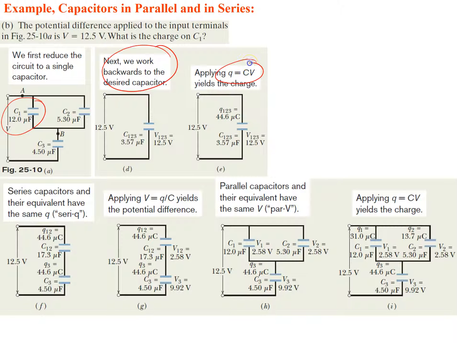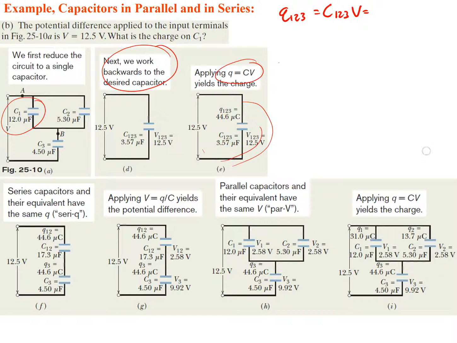Applying Q equals CV yields the charge. Because we're trying to find the charge of C1, we need to first find the charge of this one capacitor, since it's a simple circuit like this. We could say that Q123, which is all of them added together, is equal to C123 times the voltage.